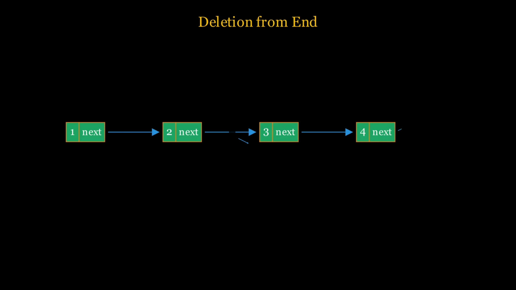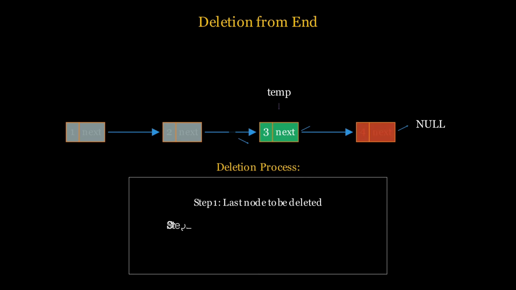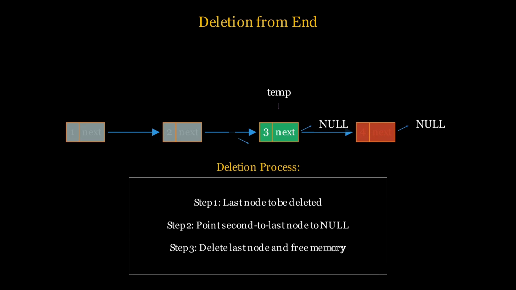Similarly, to delete the last node, we need to traverse the list to reach the second last node. Once we have reached the second last node, we follow these steps, that is, update the second last node's next pointer to null, and remove the last node and free its memory.